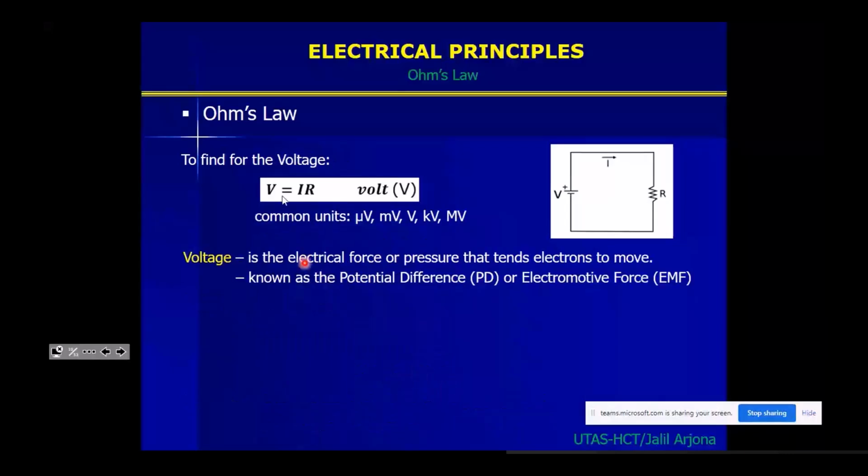Then for voltage, common units are microvolts, millivolts, volts, kilovolts, and megavolts. And for the voltage, what is the meaning? It is defined as the electrical force or pressure that tends to make electrons move. This is known as potential difference or electromotive force.